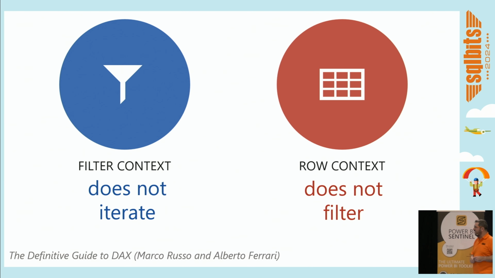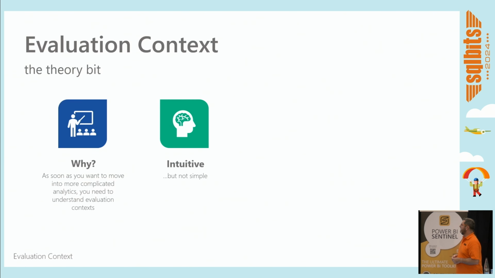For our purposes, we can always think of it that the filter context happens first, so we filter down to our data set, and then we do the iteration, okay? Especially for now, maybe a little bit later we'll see one or two examples where that's not true, but for now, think of it like that. Filter context gets us the right data set, row context goes over that data set, brings back results.